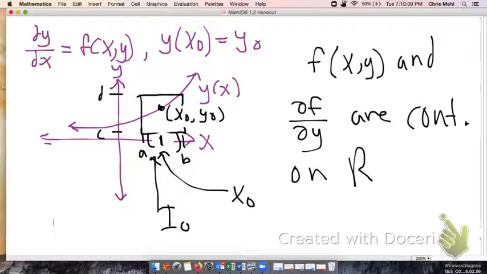It's unique, and again, the interval of solution is the largest interval containing x naught, so that basically the function y and all its derivatives are defined on that interval and contain x naught. That's all it needs to happen when you're finding the interval of solution.